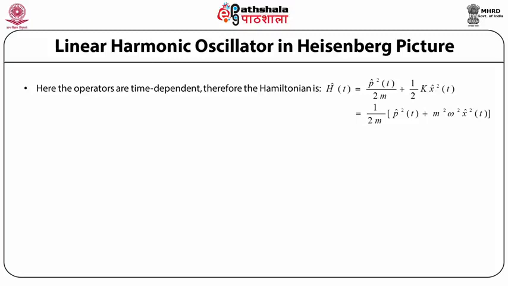or the Hamiltonian operator H(t) in the Heisenberg picture is defined as H(t) equal to the square of the momentum operator p(t) upon twice m, where m is the mass, plus half times k times the square of the operator x(t), where p(t) is the momentum operator in the Heisenberg picture and x(t) is the position operator in the Heisenberg picture, and k is the elastic constant of the simple harmonic oscillator.